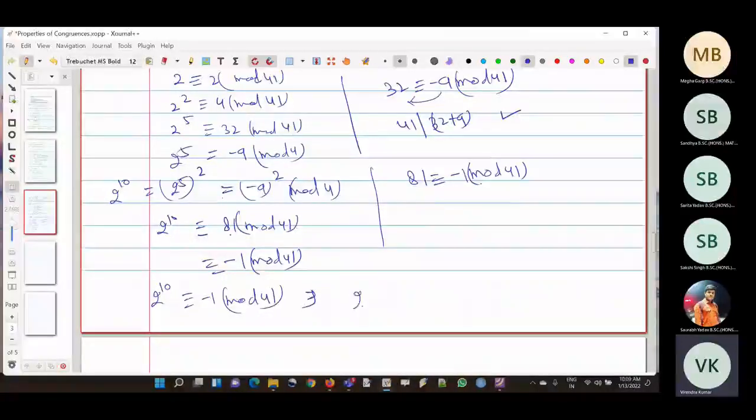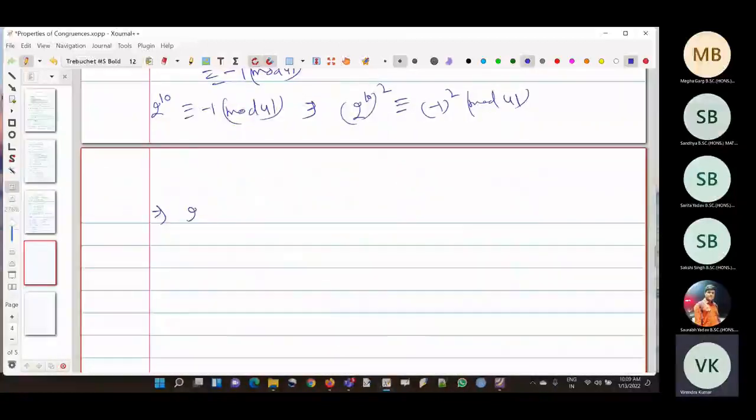So let us square again. 2 to the power 10 squared equals minus 1 squared modulo 41. So 2 to the power 20 is congruent to 1 modulo 41. It means 41 divides 2 to the power 20 minus 1.